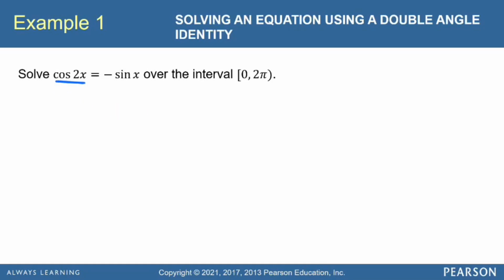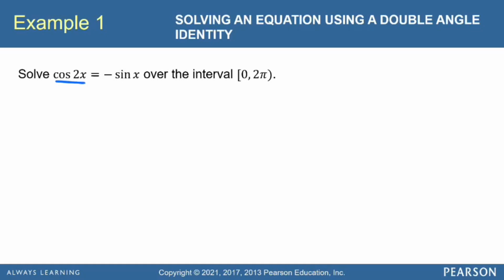Now, if you look back at your formula sheet, you'll see that one of your identities is cosine squared x minus sine squared x. If I put cosine squared x minus sine squared x here, then yes, that would get rid of the 2x problem, but it would create a new problem because then I would have a cosine term where all my other terms contain only sine of x.